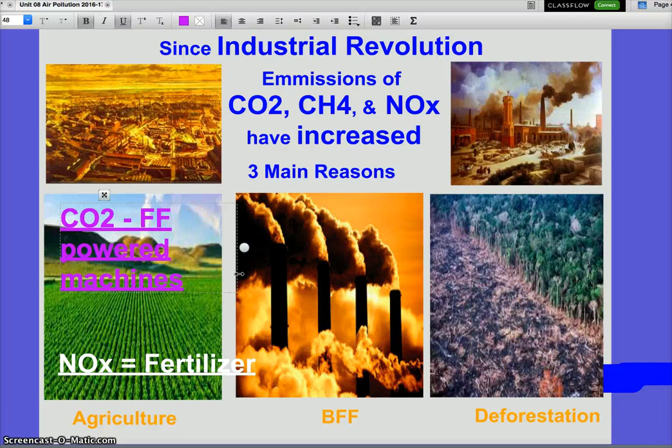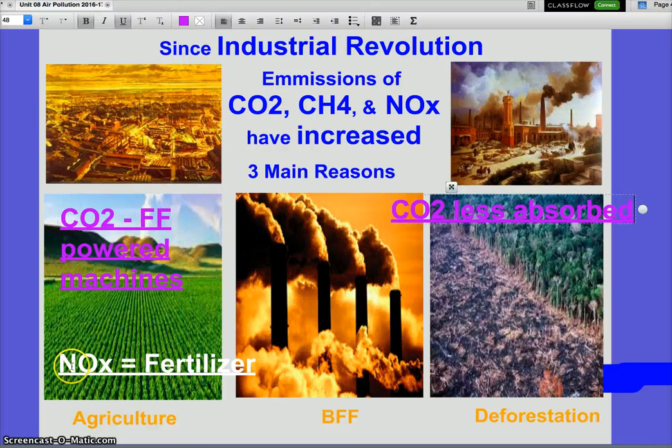It doesn't get absorbed at the same rate it used to. You cut down the forest, you're cutting down the absorbers of carbon dioxide. So although carbon dioxide levels won't increase, there's less CO2 absorption when you cut down forests. And we cut down forests in order to grow crops, okay?